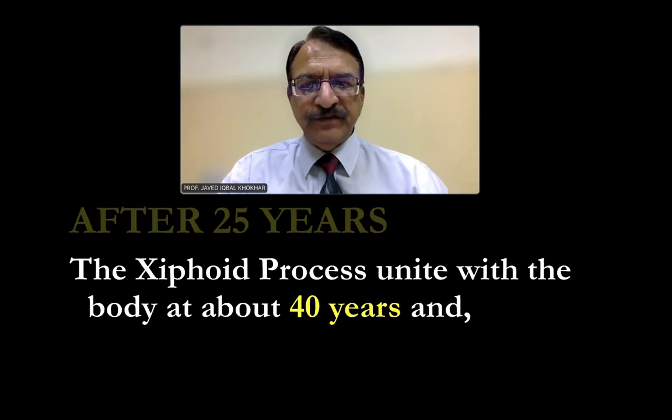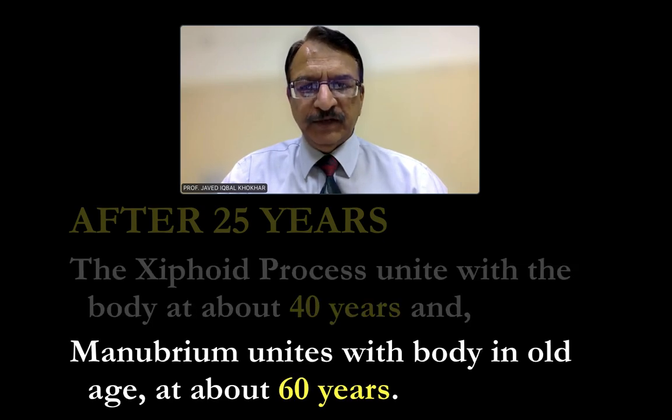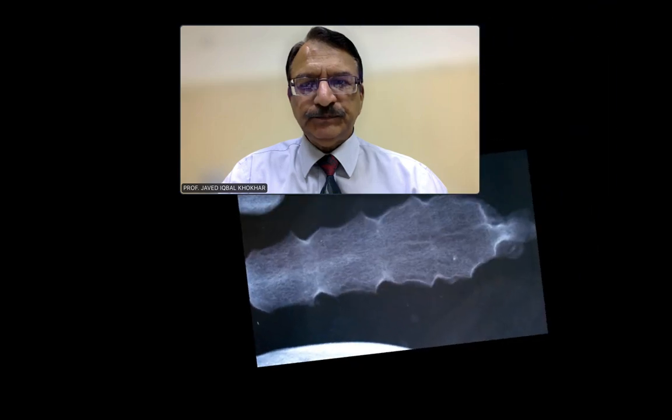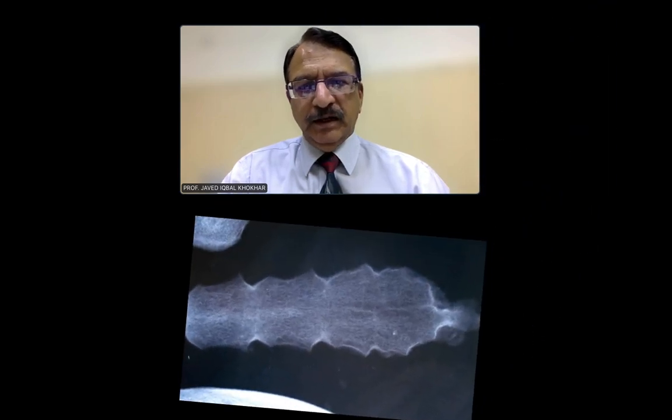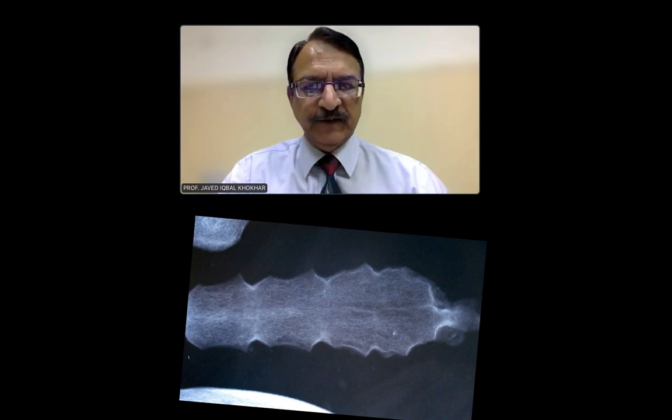After 25 years, the xiphoid process unites with the body at about 40 years, and the manubrium unites with the body in old age, about 60 years. This is completely fused four pieces, and the xiphisternum also starts fusing.